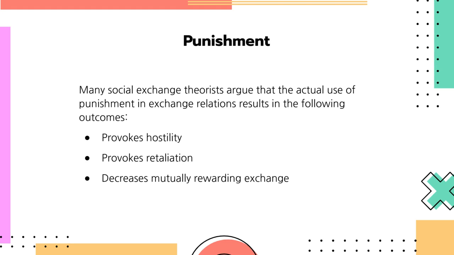They argue that the actual use of punishment provokes these feelings of hostility and retaliation, and can even lead to a decrease rather than an increase in mutually rewarding exchange. We're going to review a couple of examples of this.